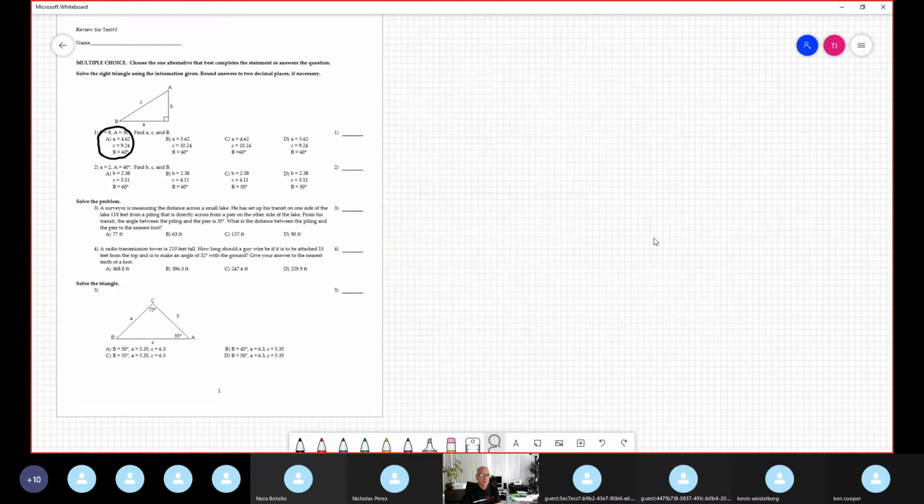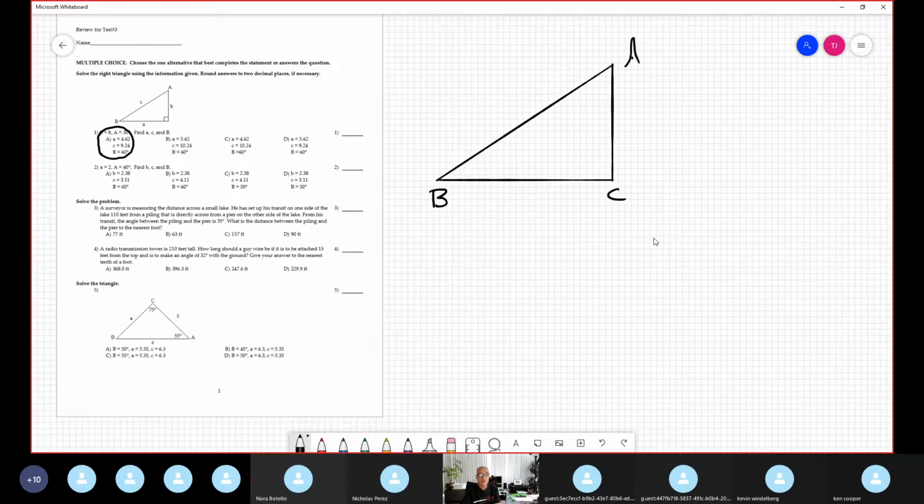Okay. Number 2 is similar. Number 2 is the same figure. This is B, this is C, this is A. However, in this case, the information given is A is 2, and the angle A is 40 degrees.